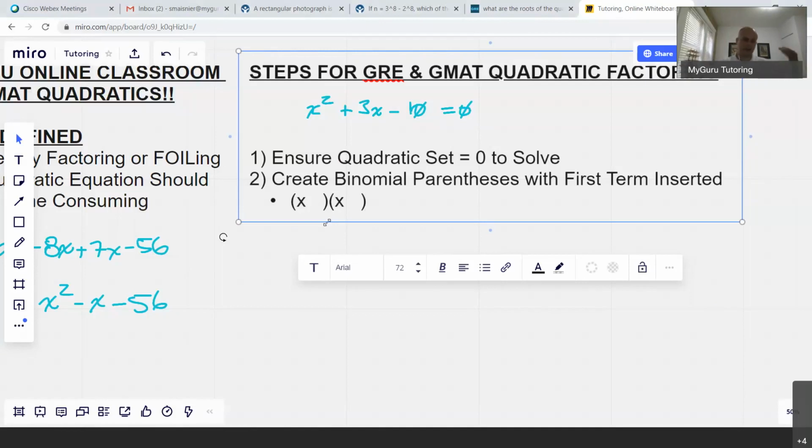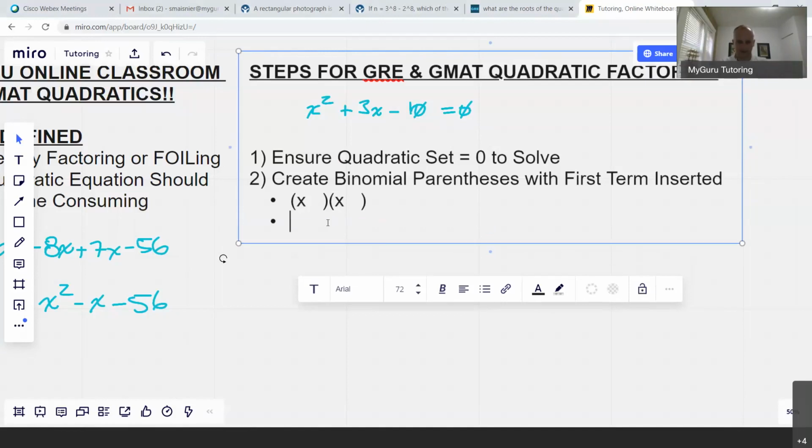If we had 2x squared, we know that we'd have 2x and then 1x. This is the easiest thing to do every time. So then third is going to be to consider the required operations in the parentheses or in the binomials.